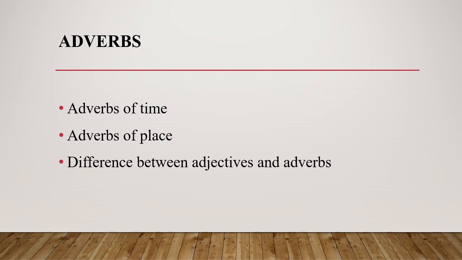You can say, I get up at 6 always. It's possible, but the first one is preferable. So adverbs are flexible concerning their places in the sentence. The difference between adjectives and adverbs, as I told you, adjectives always describe nouns, whereas adverbs describe verbs.